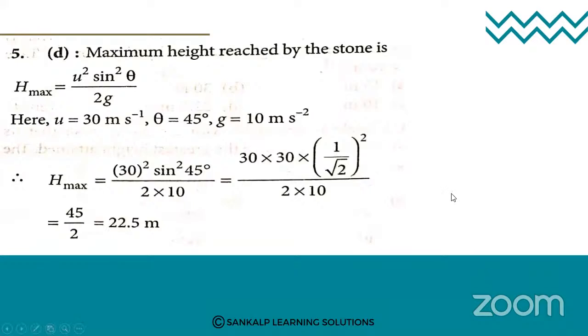So these are the formula based questions. If you remember the formula, you can solve these types of questions directly.